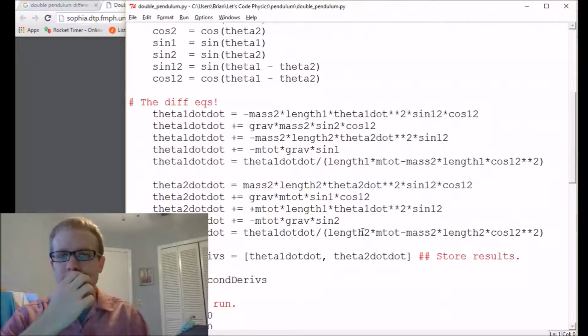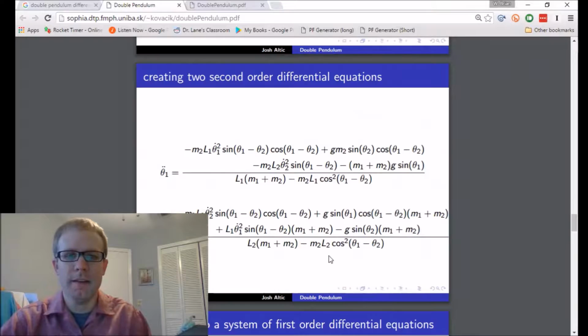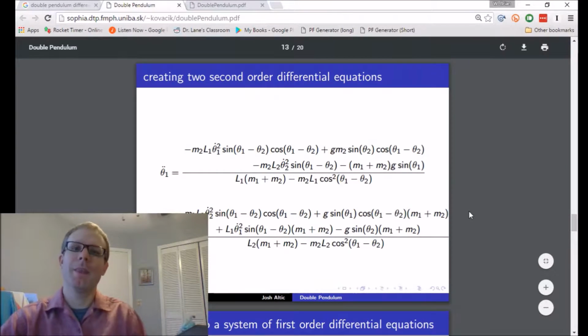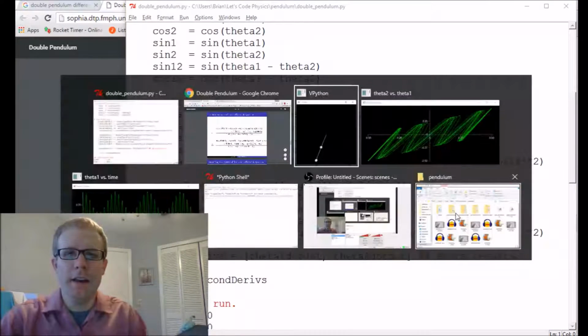Alright? And all of that needs to be divided by L2 M tot minus M2 L2 cosine 12 squared. Okay. Have that correct.